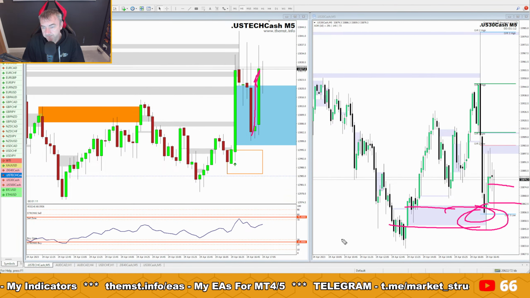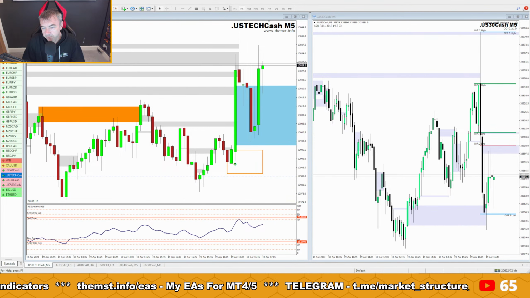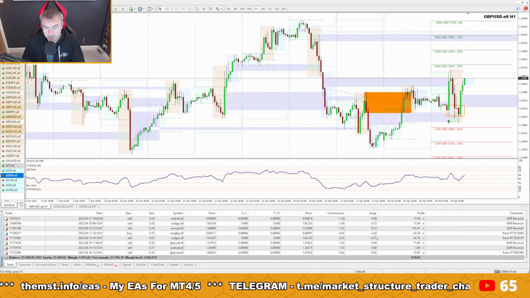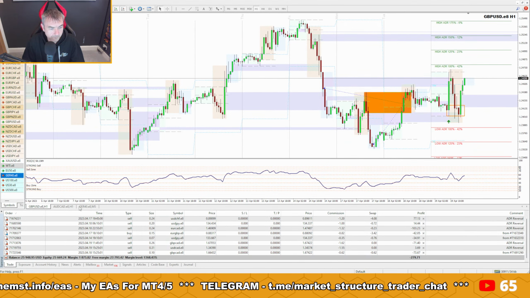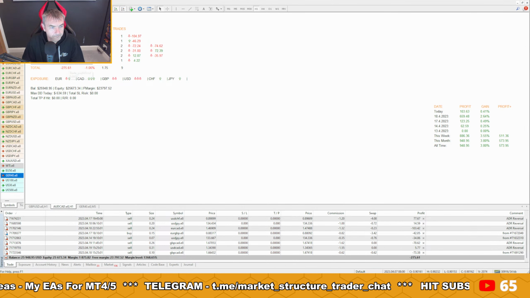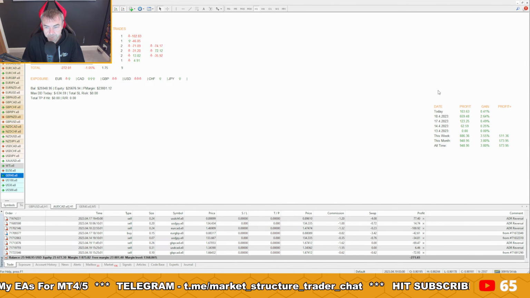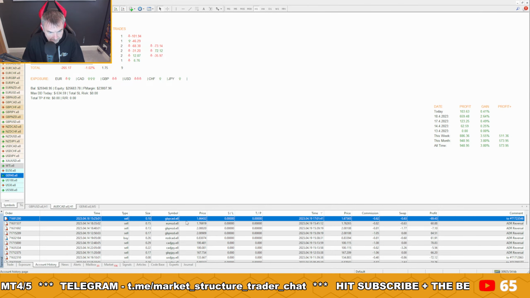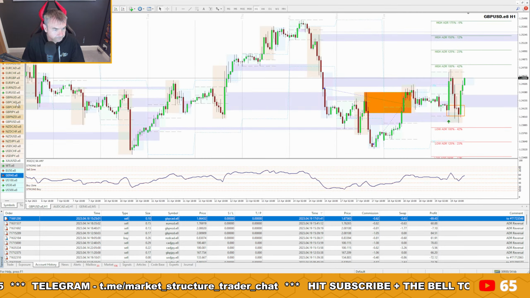Looking bullish. So these both look like good longs. Just done some drawdown control, I think. Yeah. Pound CAD.